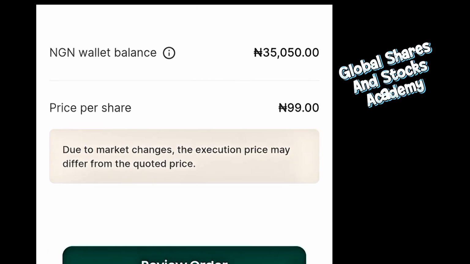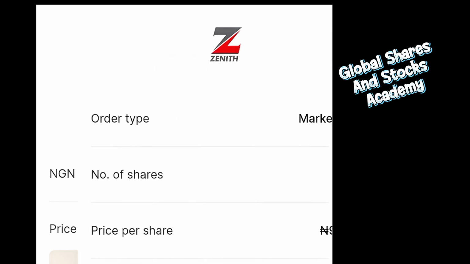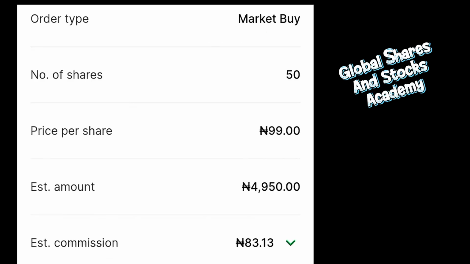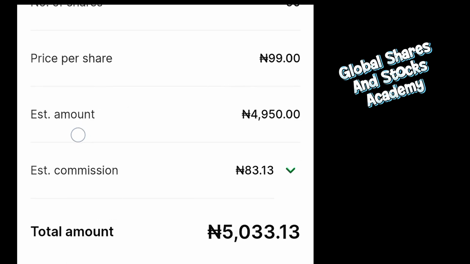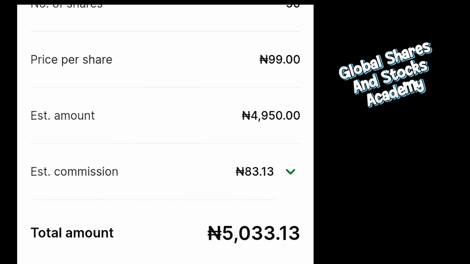So you click on review order and it will load up and show you your review order. You can see these are the charges. This is order type, market buy, that is what we are buying. Number of shares, 50 units of shares. Price per share, that is 99 naira presently. Estimated amount is 4,950 naira.